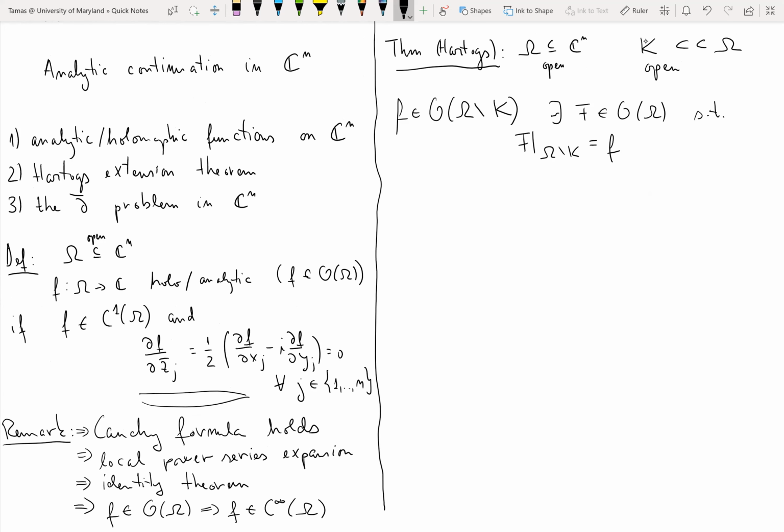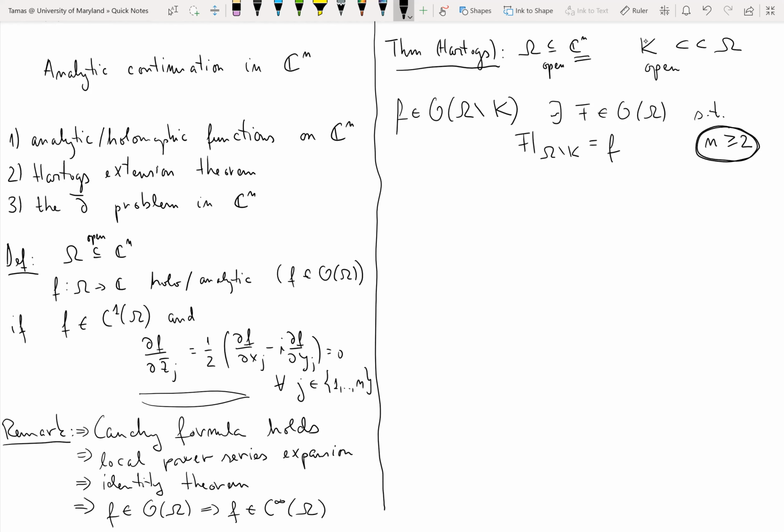So what this says is perhaps a surprising fact, if you hear it the first time, that in the case where n is greater or equal to 2. So this is very important here. I forgot to emphasize it. I should have started with this. So if the dimension of the Euclidean space is greater or equal to 2, then holomorphic functions extend over compact sets.